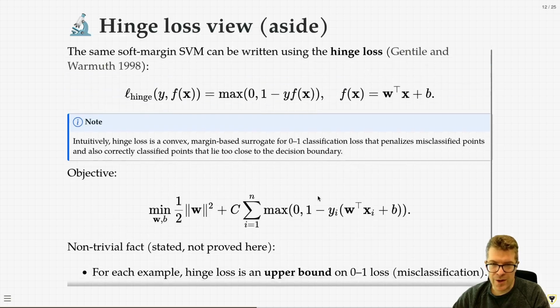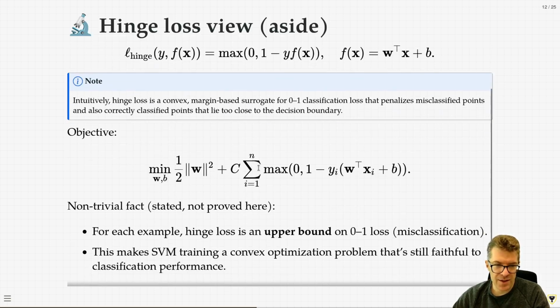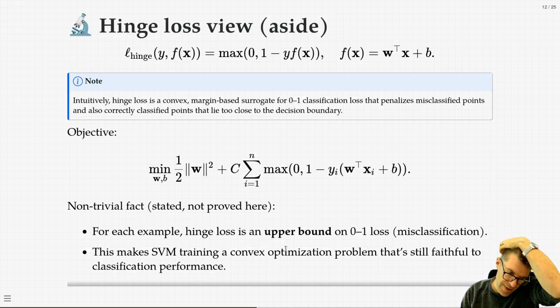So anyways, this is from the paper. This is stated, but it's not going to be proven here. For every example you might have, this hinge loss is an upper bound on the binary loss for misclassification. And this therefore makes SVM training a convex optimization problem that's still faithful to classification performance.